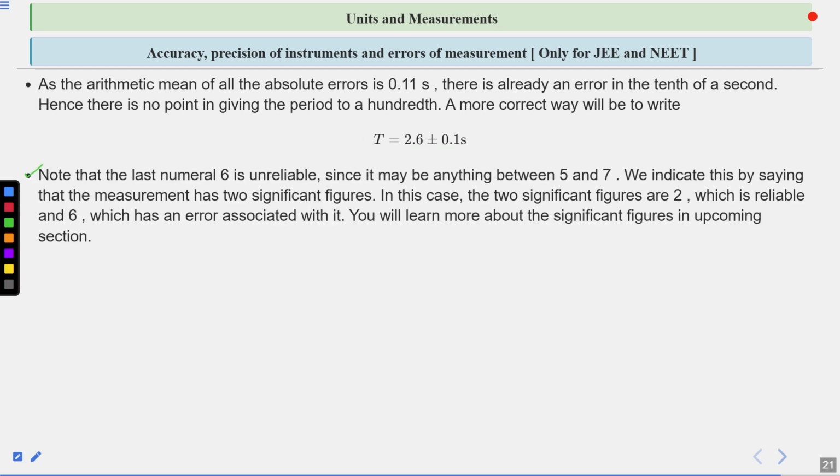The important point here is that the last numeral 6 is unreliable since it may be anything between 5 and 7. We indicate this by saying the measurement has two significant figures. In this case, the two significant figures are 2, which is reliable, and 6, which has an error associated with it. About significant figures, we will learn in an upcoming lecture.